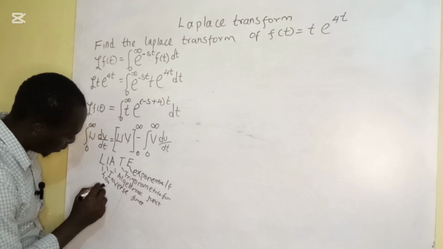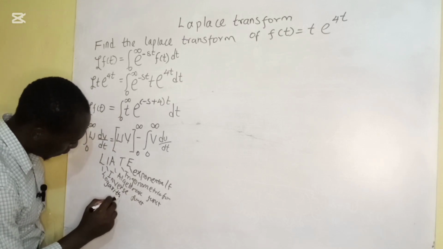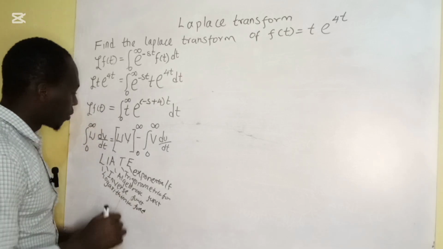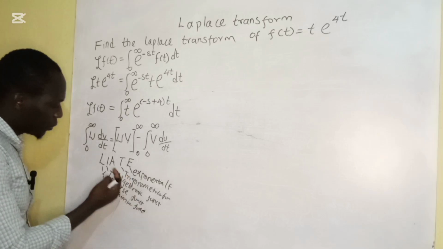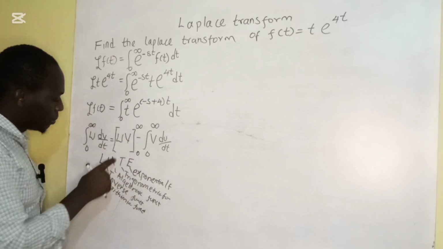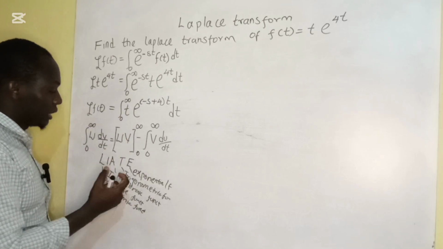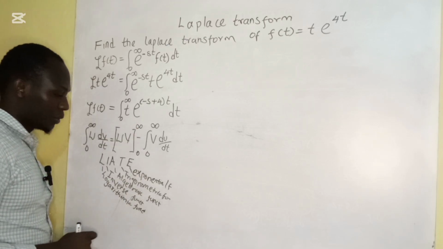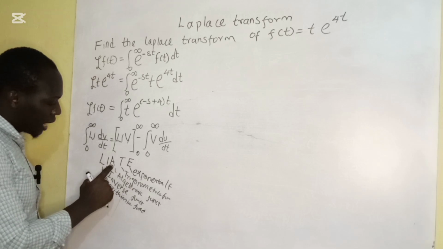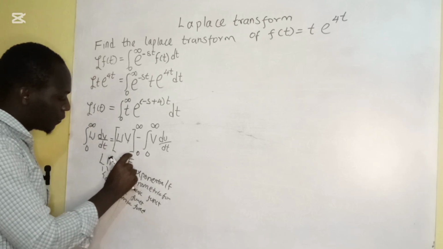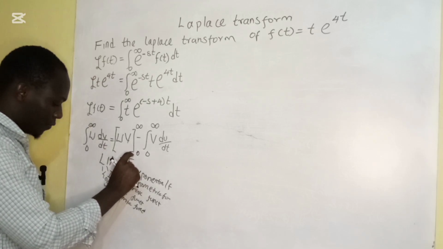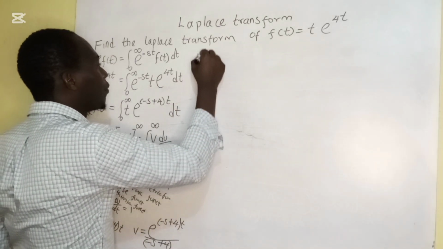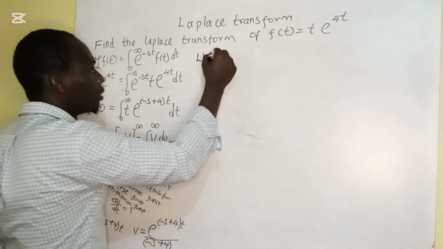Here we are going to have the logarithmic functions. When we come here, you will find that we have t, which will be an algebraic function because it is a letter. And here automatically we are going to have our exponential. When we check our algebra, it comes first before our term of exponential. Our u, we understand, is going to be u equals t.